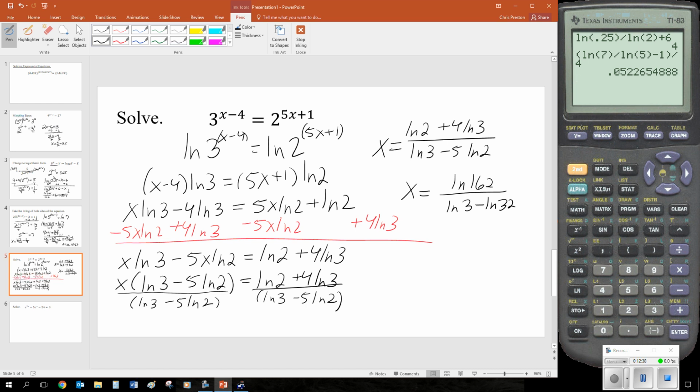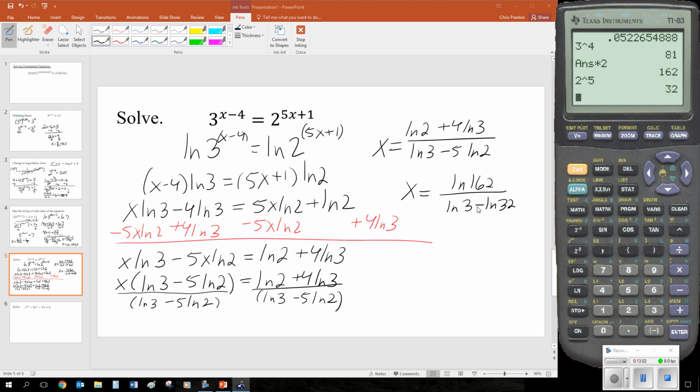So 3 to the 4th power is 81. And then we have a property that says if you're adding logs, you can combine them and multiply the inside part. So 81 times 2, and that's where I got the 162. Same thing here, I could bring that 5 in, so 2 to the 5th power, that's the 32.